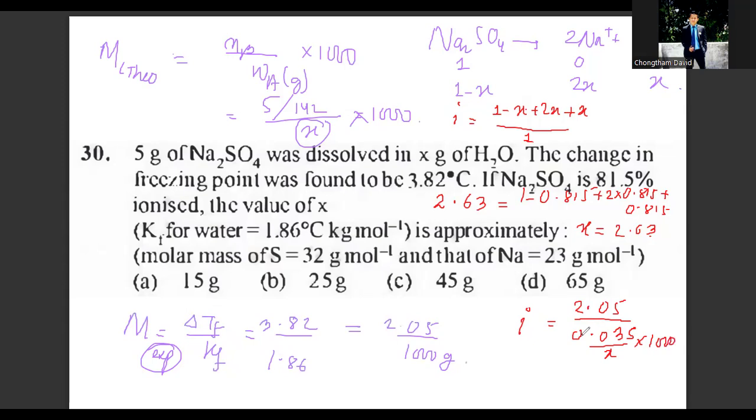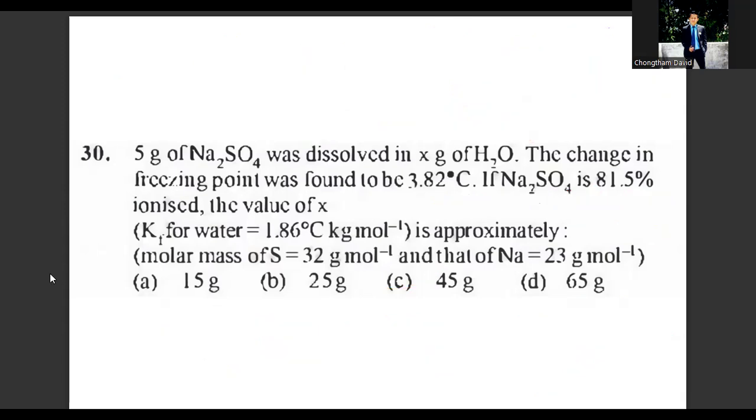I'm substituting here, not to get confused. So i can be calculated from this formula and the answer would be approximately 45. Yes, 45 is the answer to question number 30. It's a little bit lengthy.